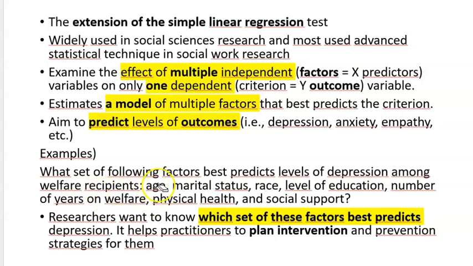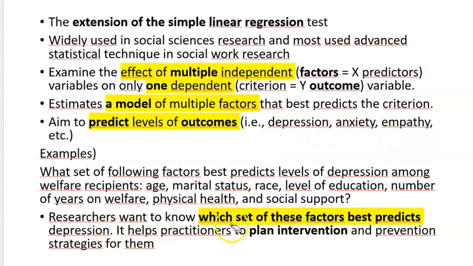There are factors: age, marital status, race, level of education, number of years on welfare, physical health, and social support. These are all factors that affect your outcome, which can be, for instance, depression, anxiety, empathy, etc.